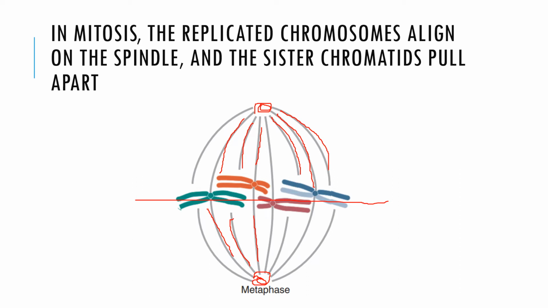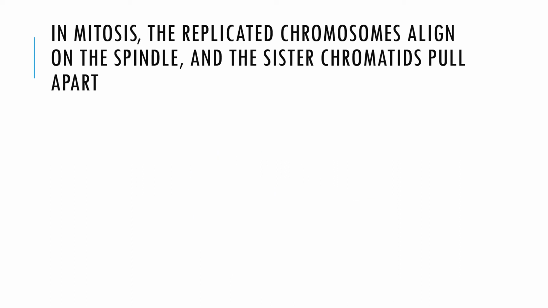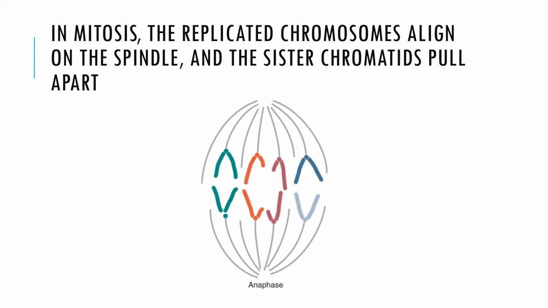Aligned on the metaphase plate, the chromosomes reach their maximum condensation and are easiest to count and examine for differences in shape and appearance. In anaphase, the proteins holding the centromeres together are degraded. The centromeres become separated, and the two sister chromatids of each chromosome move toward opposite poles of the spindle.